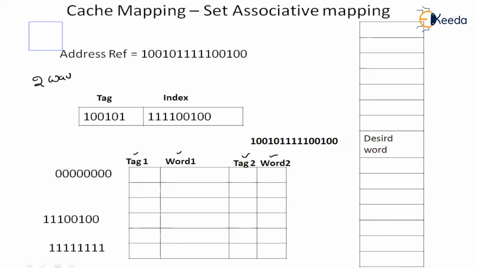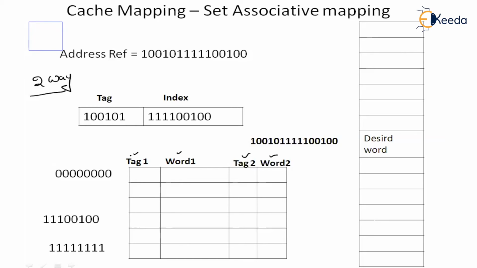In two-way set associative mapping, every location of the cache memory will have 2 tags, 2 words. When an address reference is sent, it will be divided into index and tag anyhow. The index will be located, then the first tag will get compared. Fine if it is available.